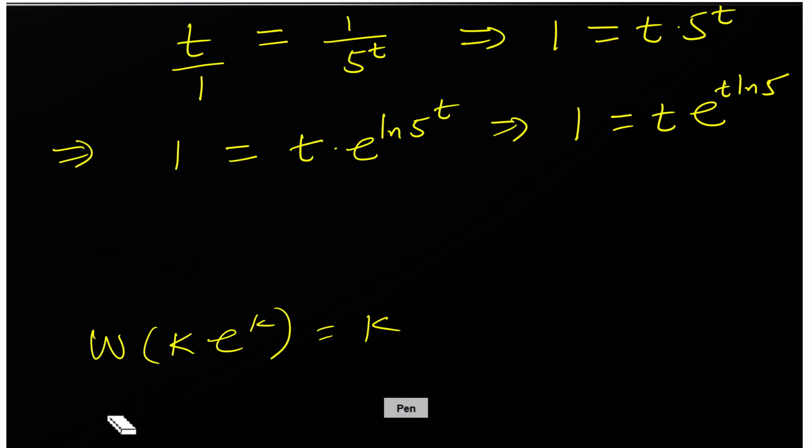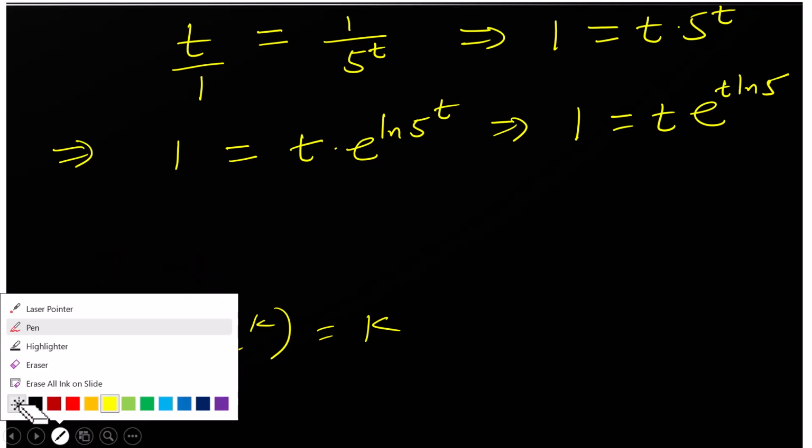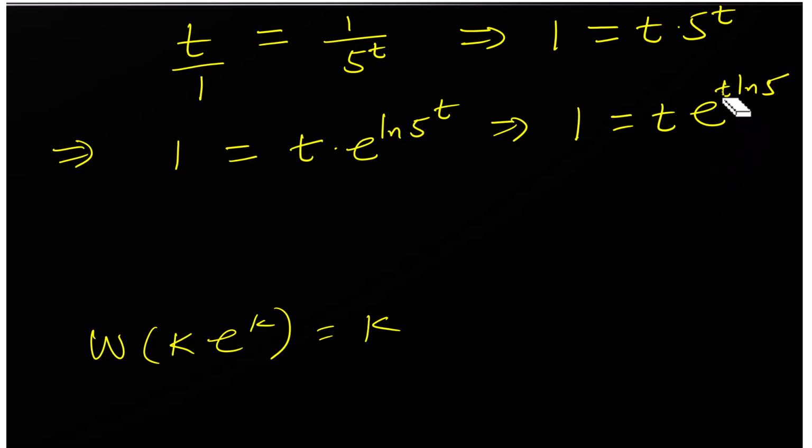Okay, so from here, let's observe this. This side must be equal to this side. So we have this side, t ln of 5. So what is missing here? Ln of 5. So we are going to balance it by multiplying ln of 5 to both sides of the equation.